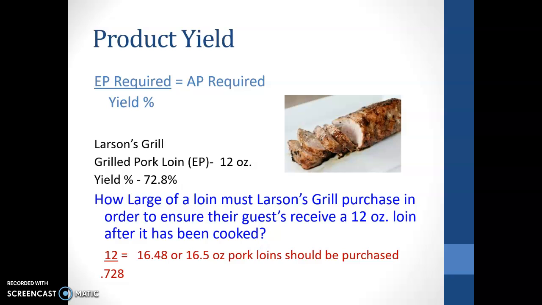Not all restaurants do this, but it should weigh 12 ounces after cooking. Because if I put in a 12-ounce loin and cook it, it's going to shrink down. So the chef needs a 12-ounce loin, and he knows that there's a yield of 72.8% on this specific pork loin. To ensure that he is serving an EP, an edible portion, to his guests at 12 ounces, using the yield percentage that he has, he understands that he needs to purchase 16.48 or 16.5 ounce pork loins.